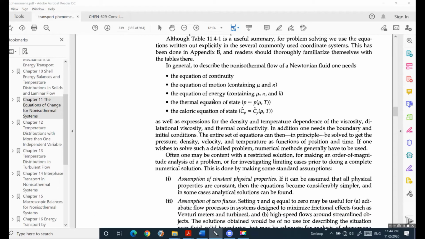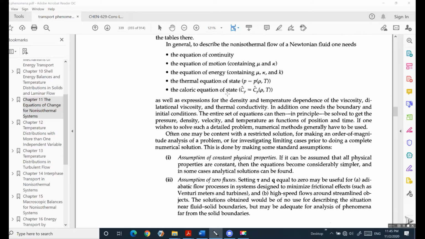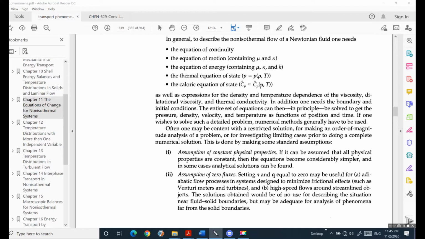Then the equation of energy containing the viscosity, another type of viscosity, and k, the conductivity. And the thermal equation of state, where pressure P depends on rho and T, and your caloric Cp depending on your rho and T.